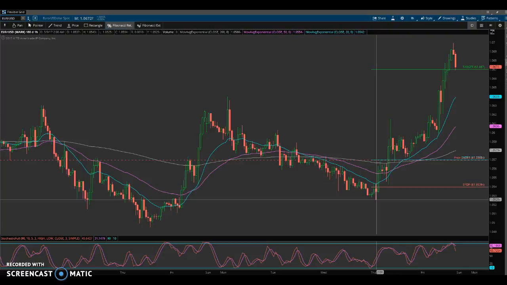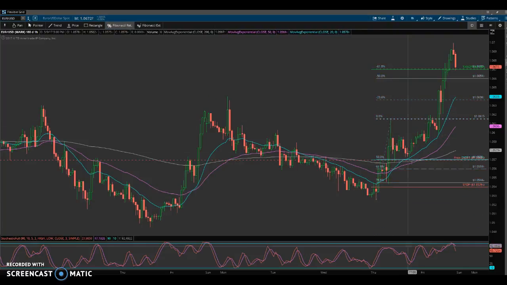I did the Fibonacci extension from the low point we established, and then the high at the time when it found its high and started retracing back down. And right on that 1.057 level was the 50% retracement.